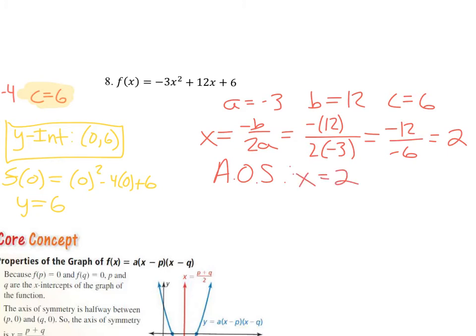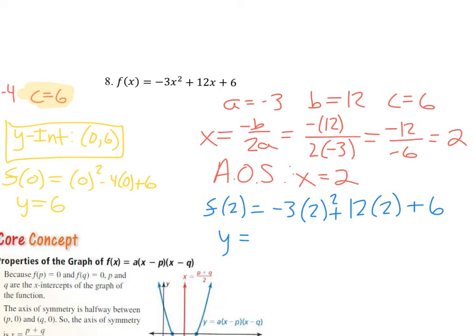Now we're going to plug in our axis of symmetry into our original equation to find our y value. So I have my f of 2. Once again, it's not always 2, it's just coincidental, okay? Keep that in mind. So I have negative 3, and then I have 2 squared plus 12 times 2, and then plus 6. And so that means my y value is going to end up being, that's going to be 4, right?